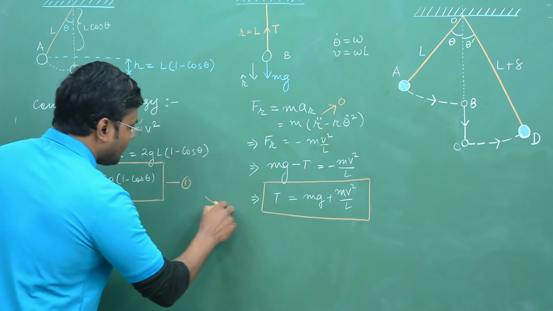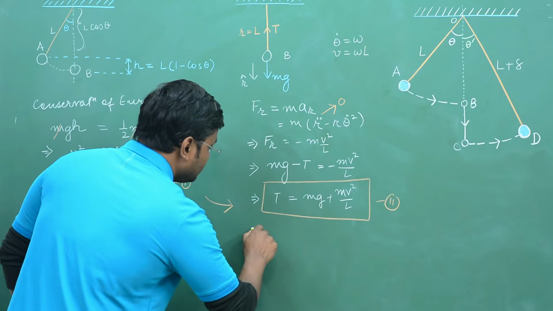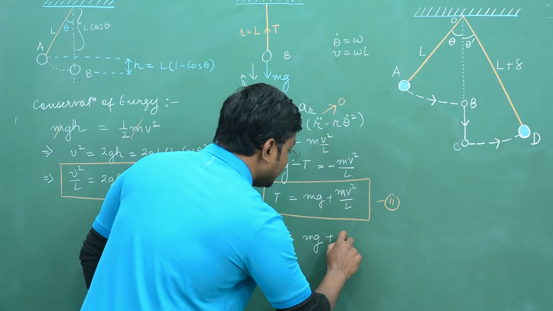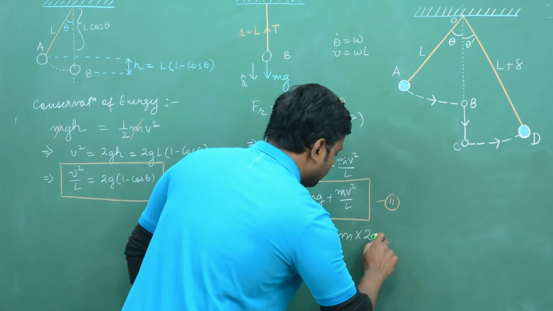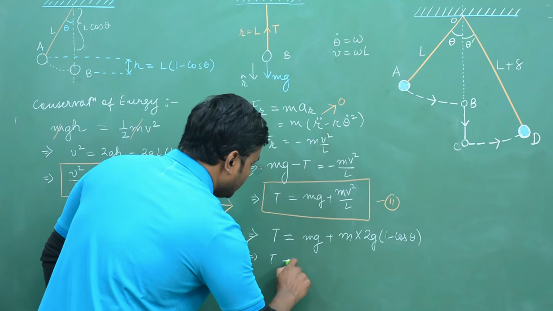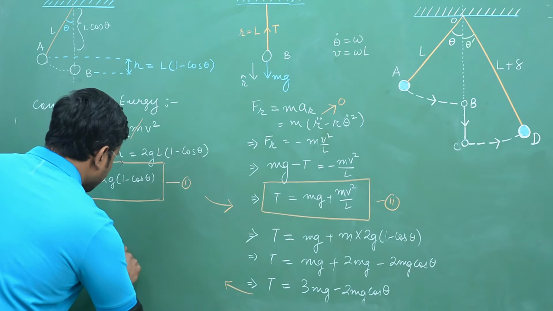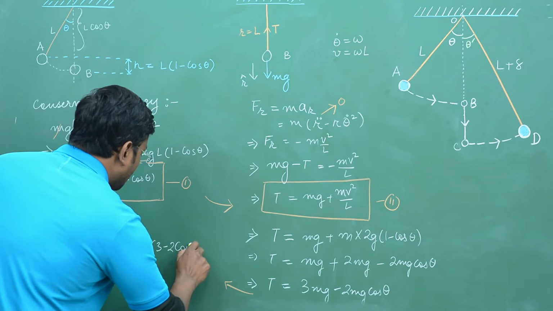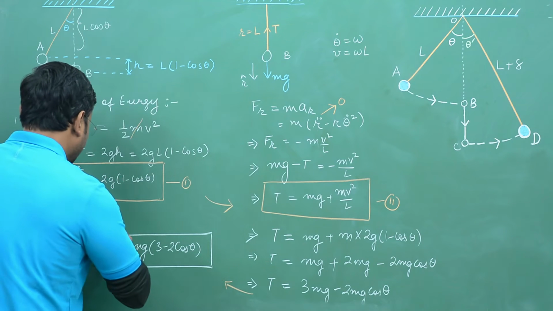If I replace 1 in point number 2, this expression simplifies, and mg plus m v squared upon L, with v squared upon L equal to 2g(1 minus cos theta), simplifies to T equal to mg(3 minus 2 cos theta). This is what I have finally obtained.